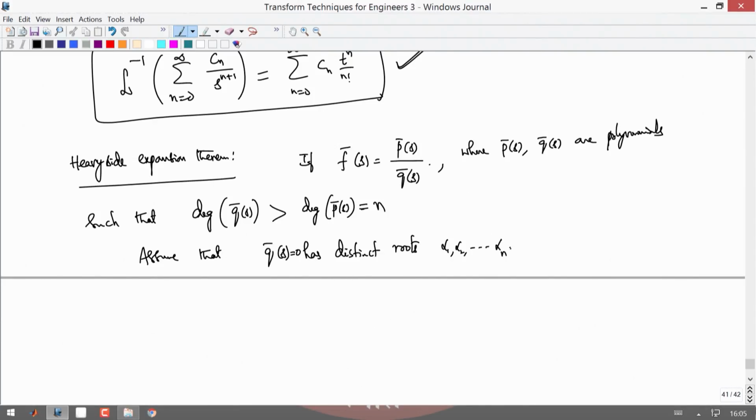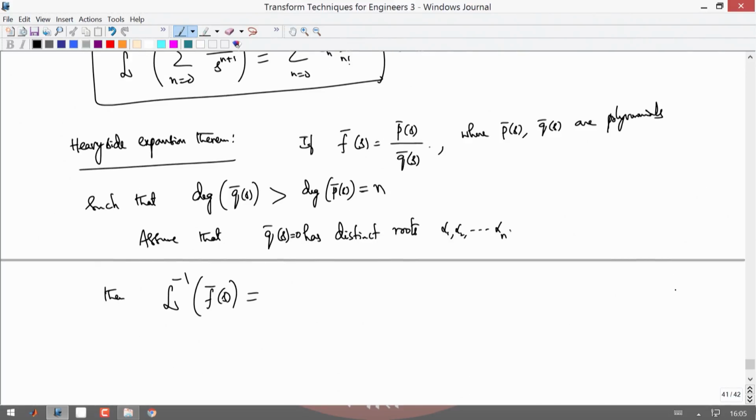If you assume that, then the Laplace inversion of f bar of s follows from an idea that is already there. Once you write it as partial fractions, you know what its inversion is. So let me write exactly the form you see.